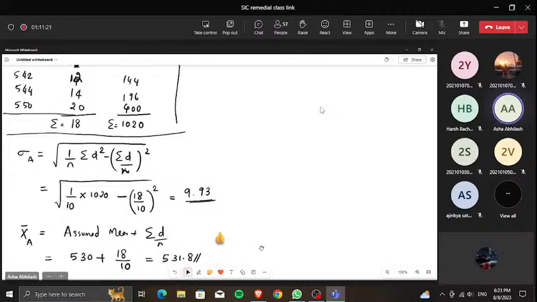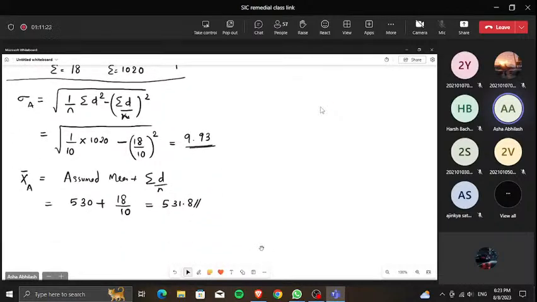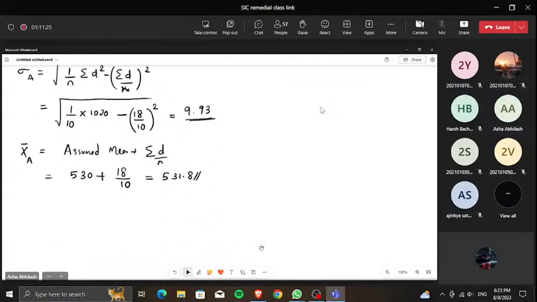Yes, ma'am. Now we can find the coefficient of variation of this group A. So coefficient of variation of group A is equal to, what is the formula? Standard deviation divided by arithmetic mean into 100. Standard deviation is 9.93.